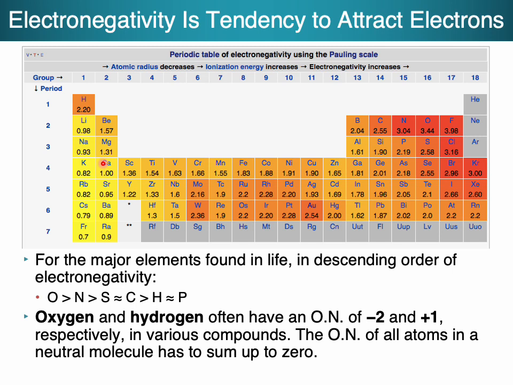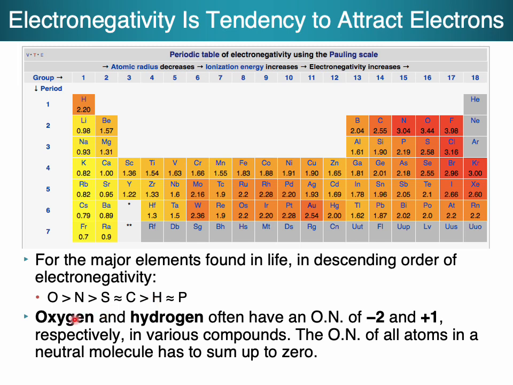So here, for the major elements found in life, in descending order of electronegativity would be oxygen, which has a very high electronegativity, and then nitrogen, and then sulfur, which is roughly the same electronegativity as carbon, and then hydrogen and phosphorus. So among these elements, oxygen has the highest electronegativity, and hydrogen would have the lowest.